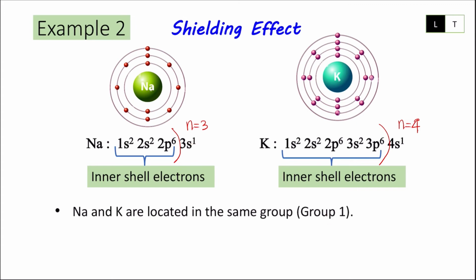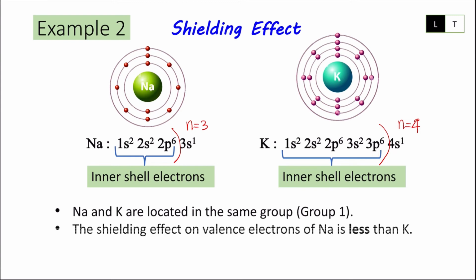But the shielding effect for both of them is different, because the shielding effect for the valence electron in sodium is less than K, because sodium has a smaller n value compared to potassium. So sodium will experience less shielding effect compared to K.